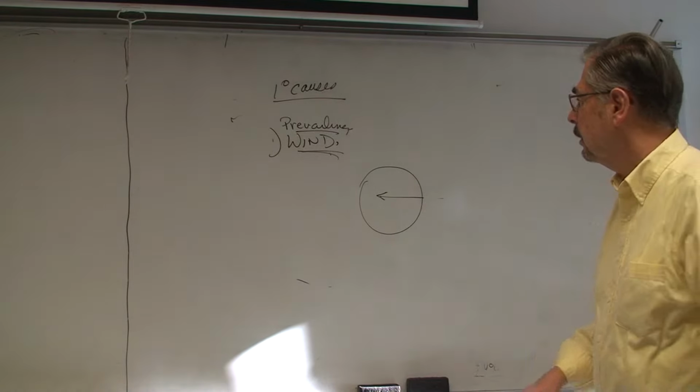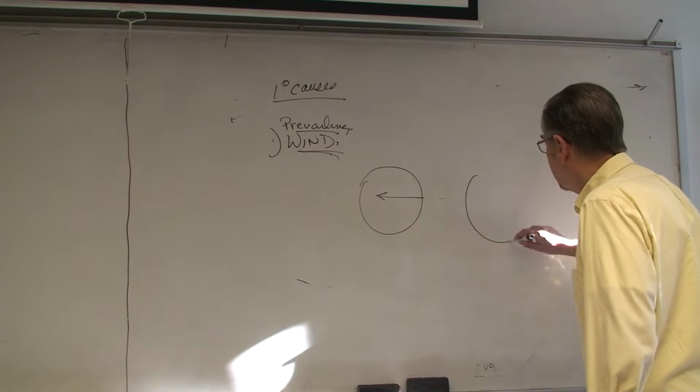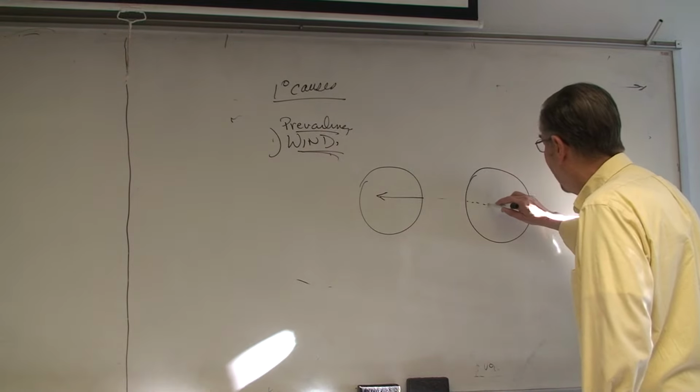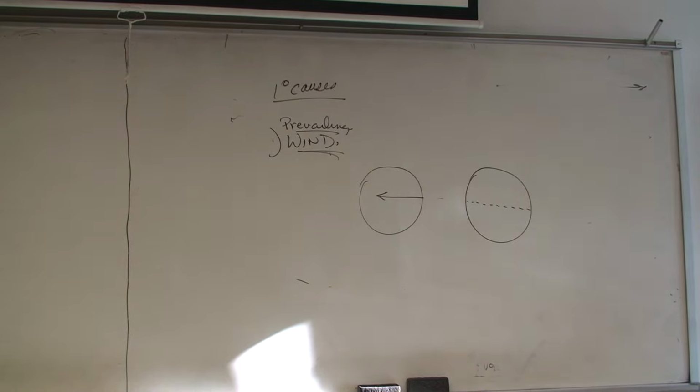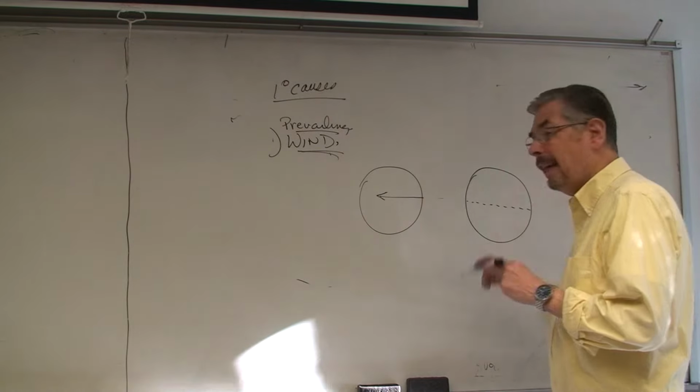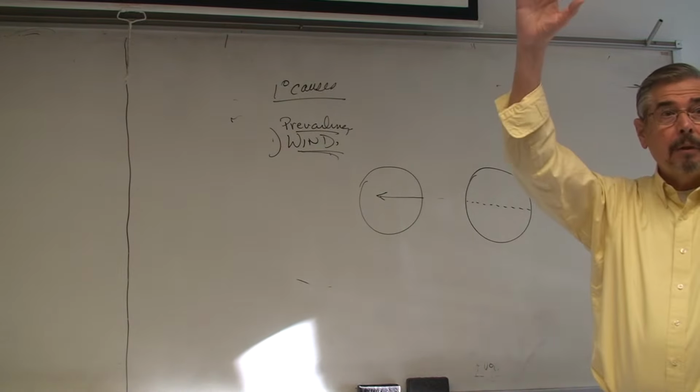There's something else to consider, and that is that at the equator, the sun shines most strongly. The equator gets the most heat of any place else on Earth. And so at the equator, what happens is the air warms up and it goes up.